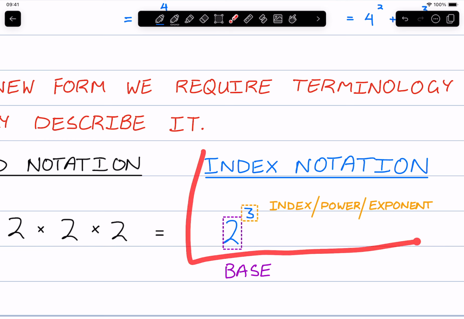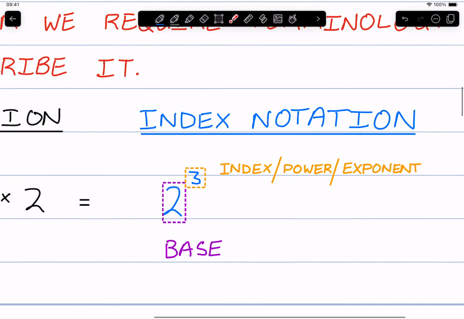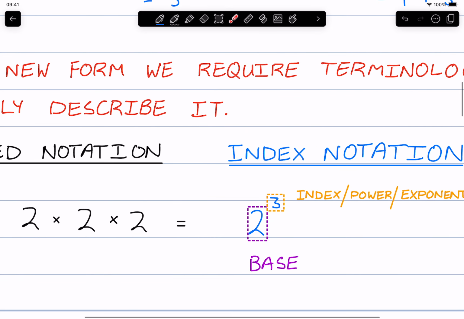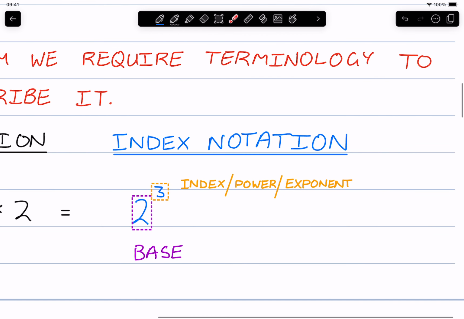So this is called index notation. In index notation, the number that's being repeatedly multiplied is known as the base, and how many times it was multiplied, in this case 1, 2, 3 multiplications, is known as the index, the power, or the exponent. These are 3 words for the same idea.